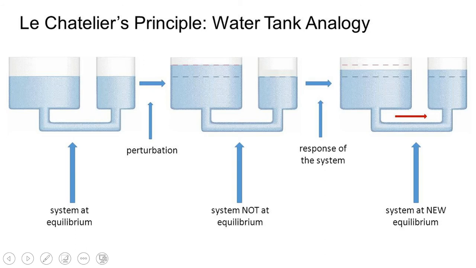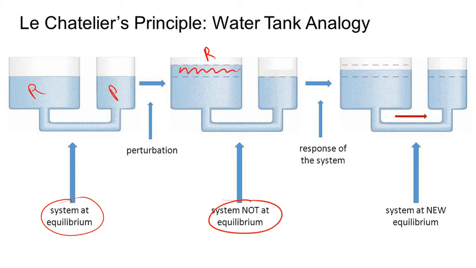Here's another analogy. We've got a system at equilibrium. You can think about your reactants and products here. This is a little bit misleading because the amounts don't have to be equal. They just have to be constant. So what happens if all of a sudden I add some material, in this case on my reactant side? Well, we're not at equilibrium anymore.